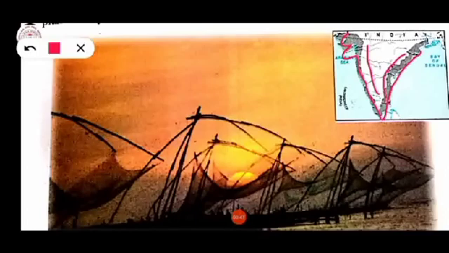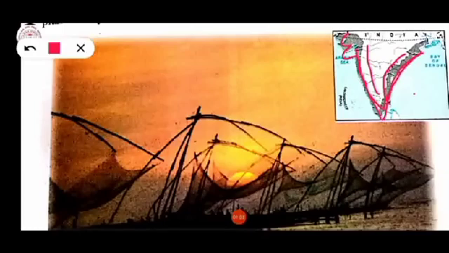So the area between the sea and the ghats is known as the coastal plains. And you know that the Indian coastline is about 7,000 kilometers. We have a long coastline.